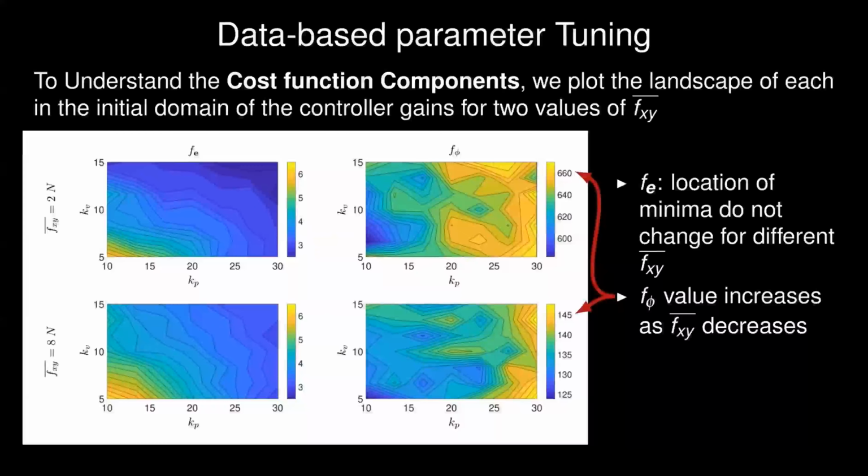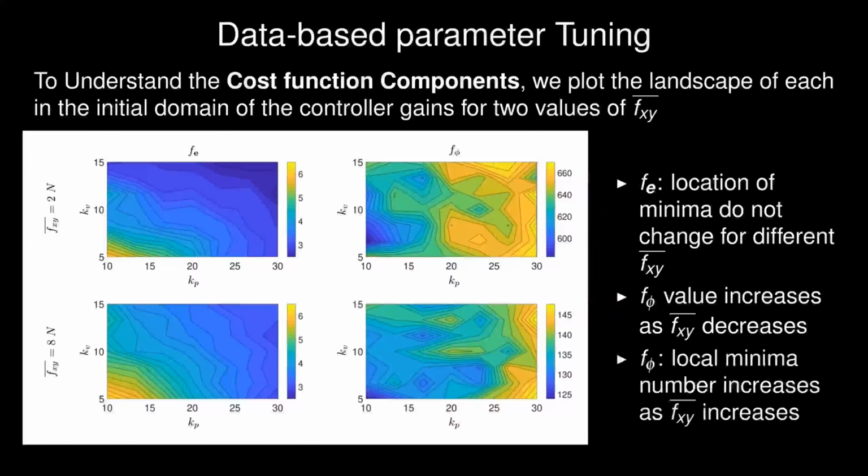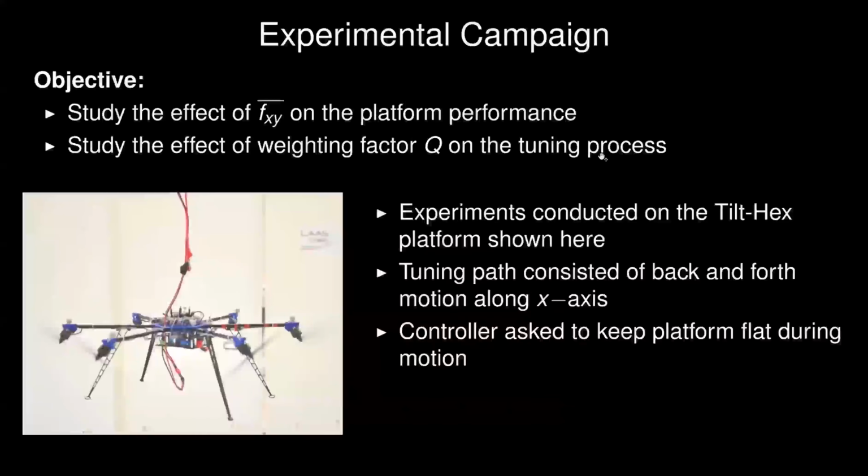This feature can be vividly seen from the different scales on the corresponding contour plots in the right column. Finally, along with the increase of the maximum allowed lateral force, the angular component values decrease considerably, which is similar to the effect of increase in the weight.